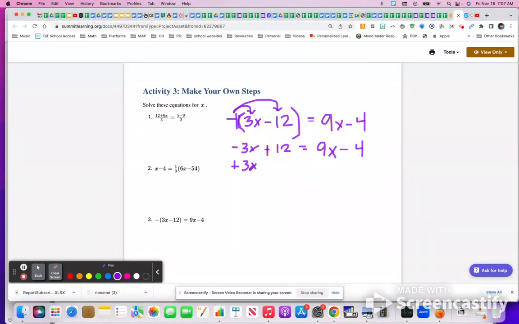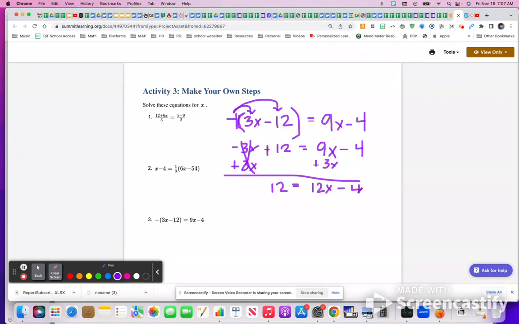So if I add 3x to both sides, I end up with, this just becomes 0, and this becomes 12. And 9x plus 3x is 12x. And then I still have my minus 4.